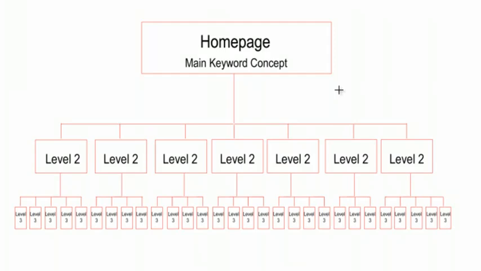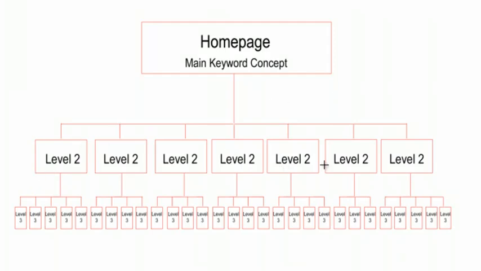If they like the look of your homepage, and if they feel it has the information they're looking for, then they'll carry on and move on through it. So the homepage is one of the most important, and it has to have your main keyword concept to it. Now after the main page comes level 2.